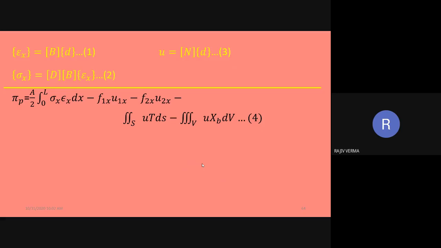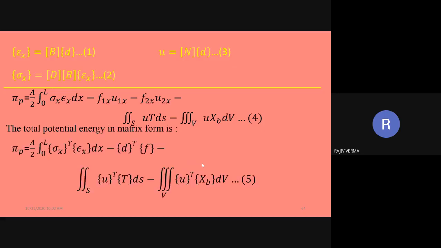And in the next expression, we are simply going to substitute expressions number 1, 2 and 3 in equation number 4 to get the energy in a matrix form. So this might require some explanation. So we are just explaining equation number 5 term by term.